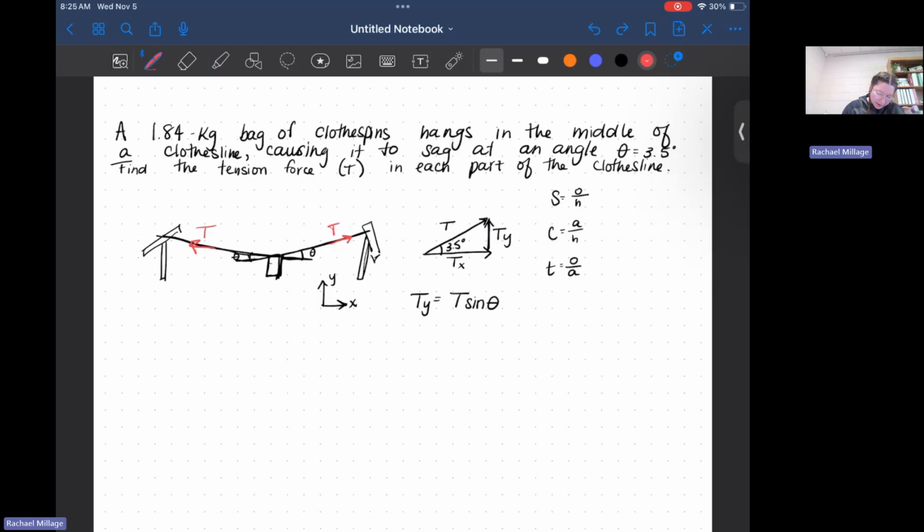So then I could do cosine theta equals T sub x divided by T. I could multiply both sides by T, and that would end up giving me T in the x direction is equal to T cosine theta.